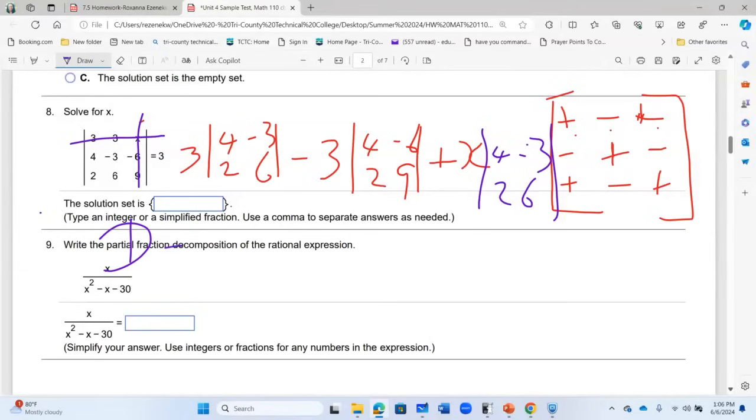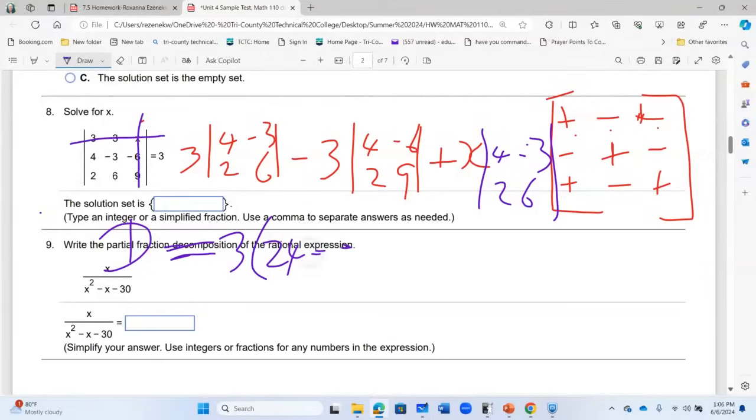So the determinant will be equal to this one in parentheses. I have equal to 3 times 4 times 6 is 24. 24 minus minus 2 times negative 3.